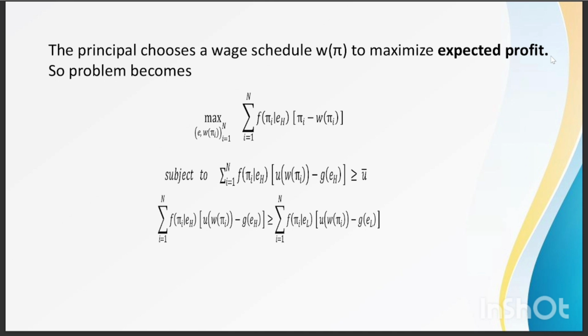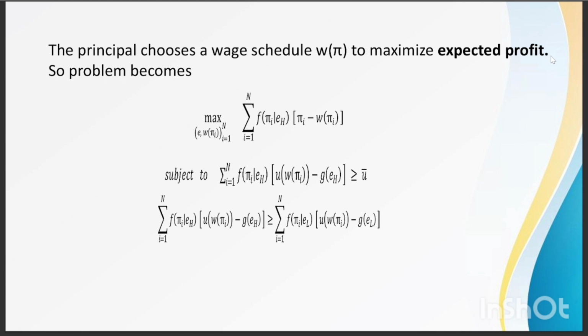So now we can see the principal's optimization problem. The principal chooses a wage schedule W(π) that depends on outcomes or profits. The objective is to maximize expected profits but must satisfy two constraints. One is the participation constraint and the other is the incentive compatibility constraint.